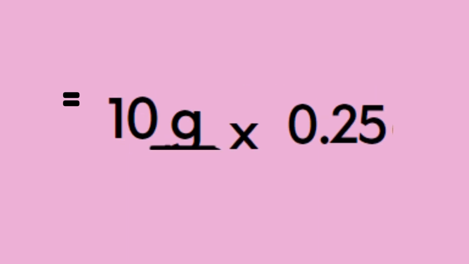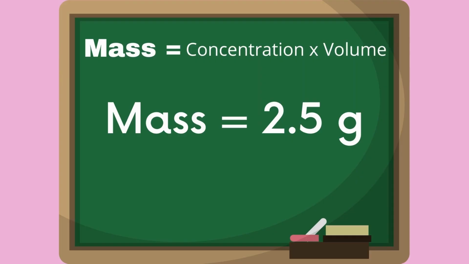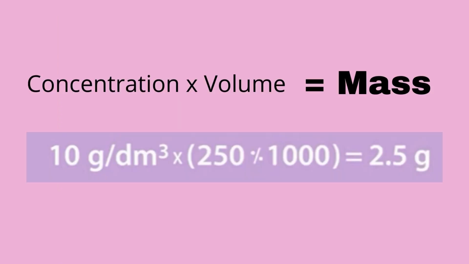Now, let us proceed to the operation. 10 grams times 0.25 is 2.5 grams. The answer is mass is equal to 2.5 grams.